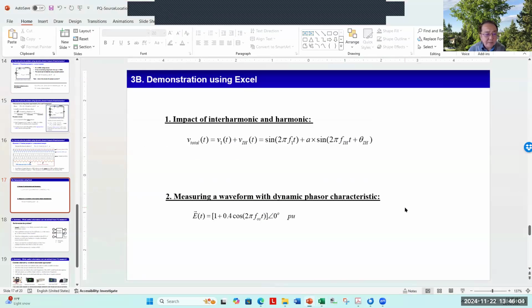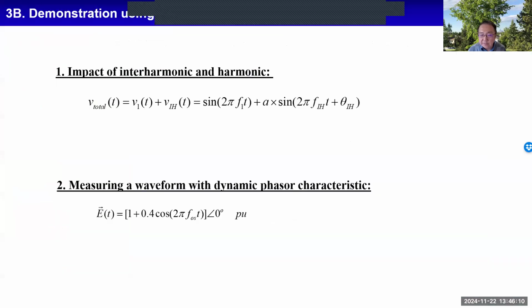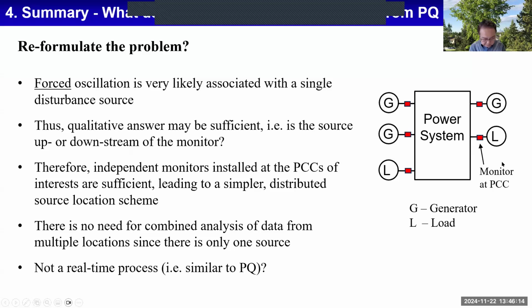Okay, that's basically my power quality presentation sharing with you. Now I just want to summarize what I have talked about in terms of what we can learn. The question is good for discussion: should we reformulate the problem? Because forced oscillation is very likely associated with a single source.